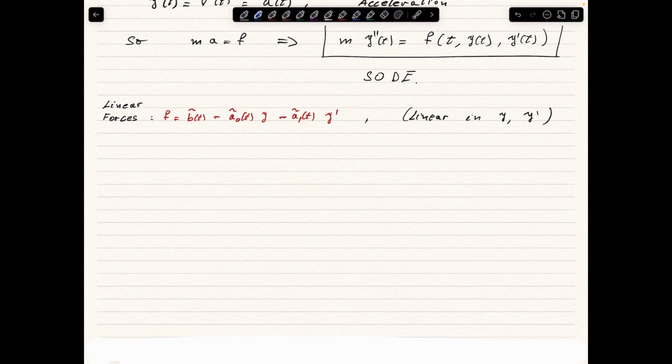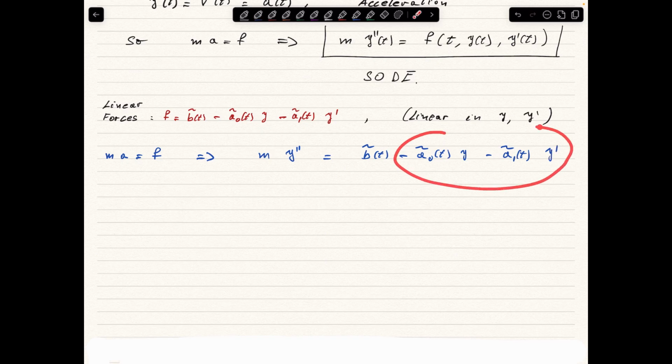So in that case, what happens with our equation, mass times acceleration equal force? Well, we have mass times the second derivative of the position with respect to time equal this force, which is v tilde, could be a function of time, minus a coefficient times the position, minus another coefficient that can depend on time, times the velocity. So we can write these two terms on the other side, of course.